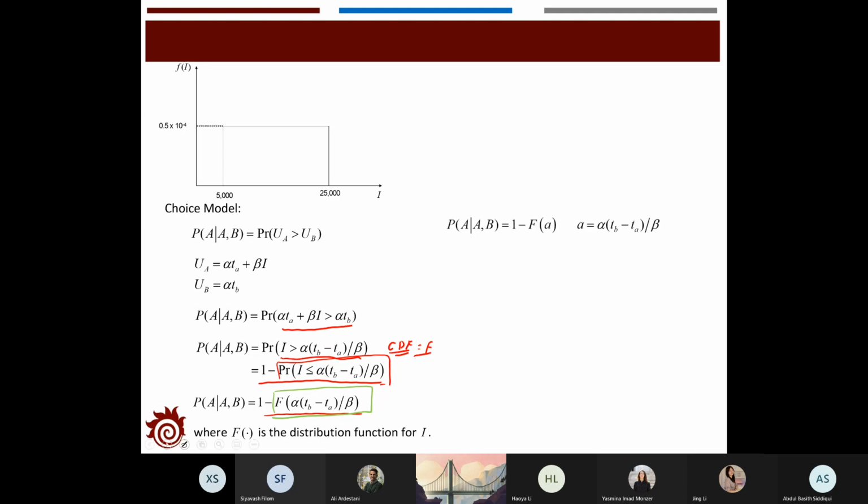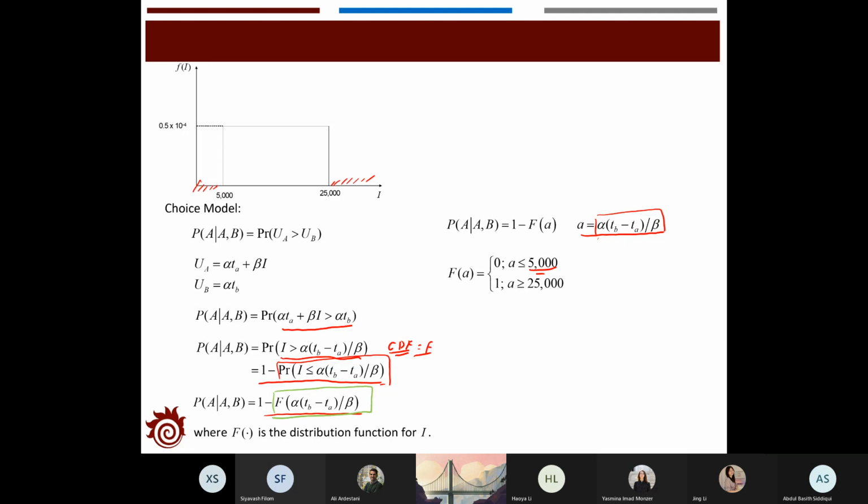For this specific distribution, if the term A, which represents alpha times TB minus TA divided by beta, is less than 5,000, which would be the part on the left side, definitely FA will be 0. But if A is higher than 25,000, then it should be 1.